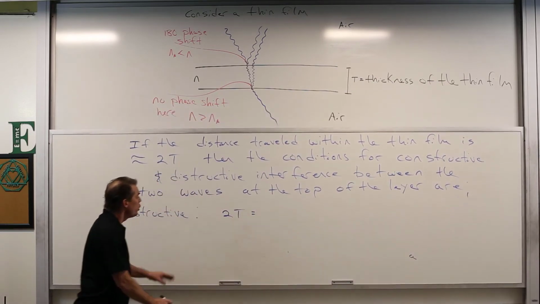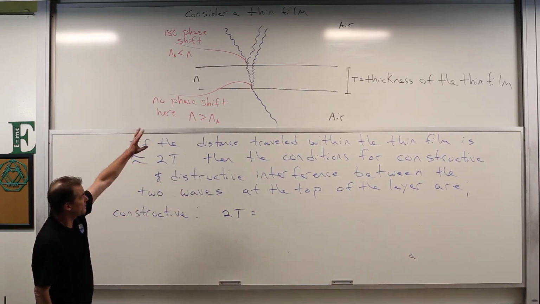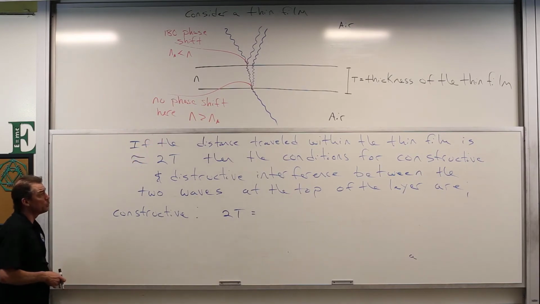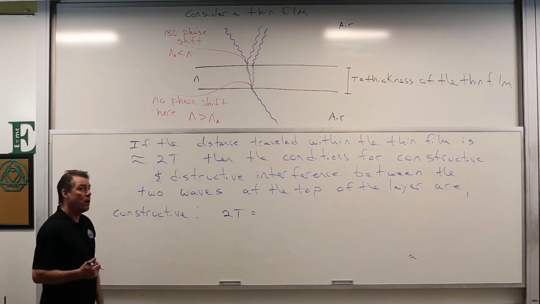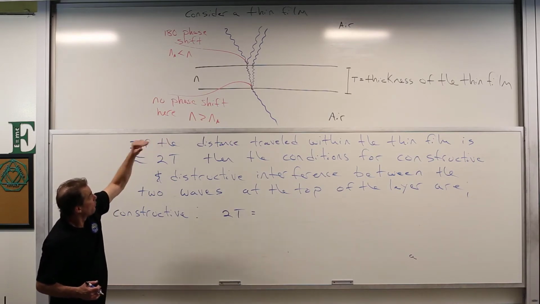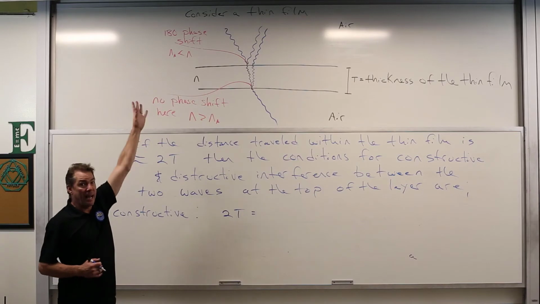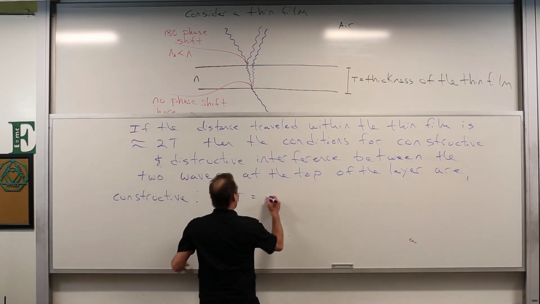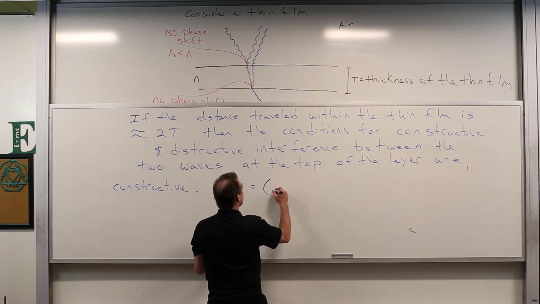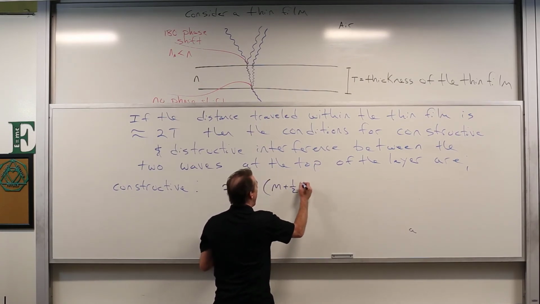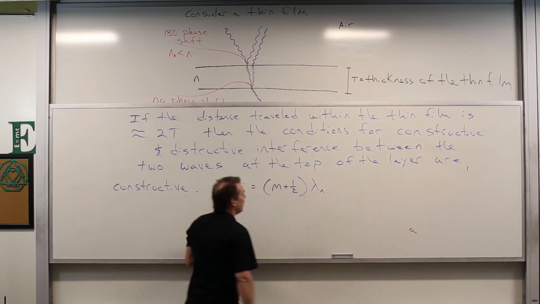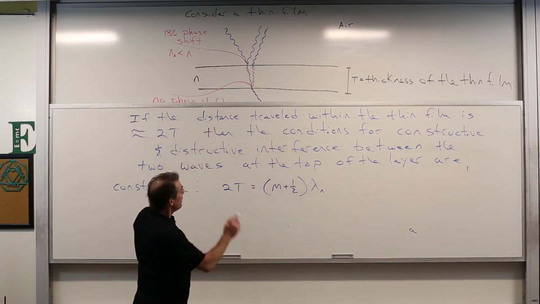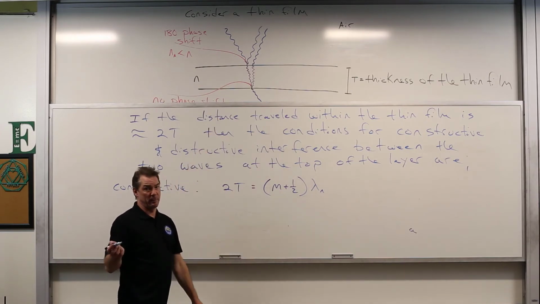If we have the 2t, 2 times that thickness, the total distance that the wave's going to travel within the material is equal to an odd integer multiple of the wavelengths within the material, it will exit and be in the same phase as this other one. So we're going to say this is equal to m plus 1/2 times lambda sub n, where again, lambda sub n is the wavelength within the material, so we're looking at how many oscillations within the material it has.